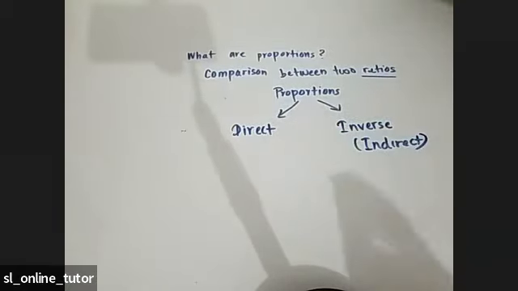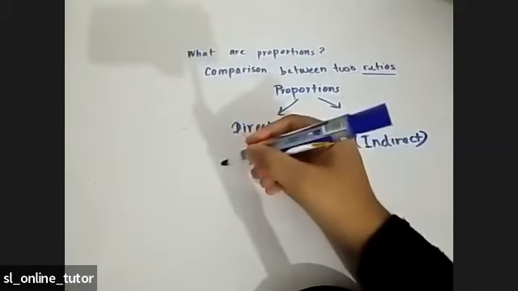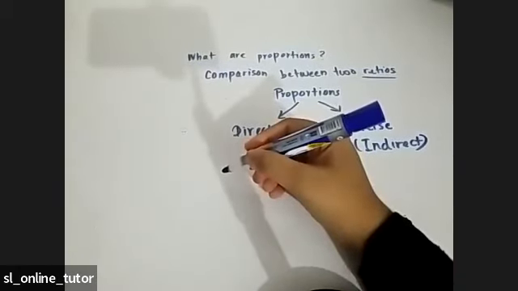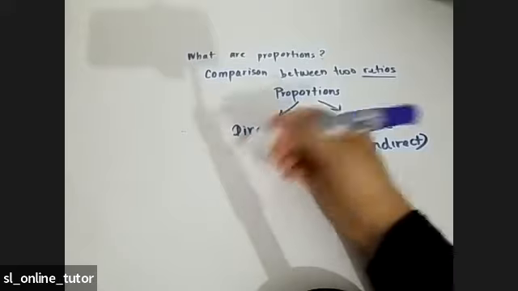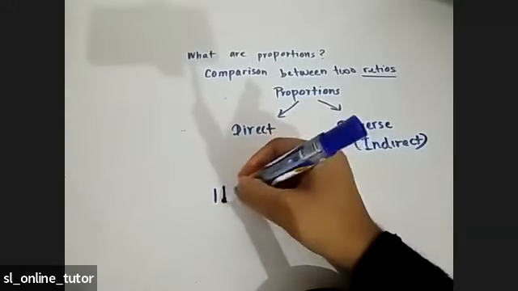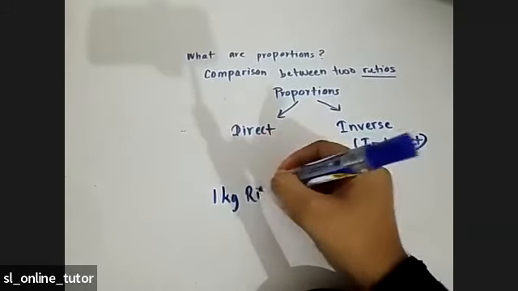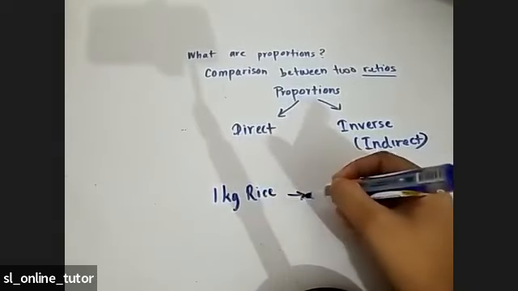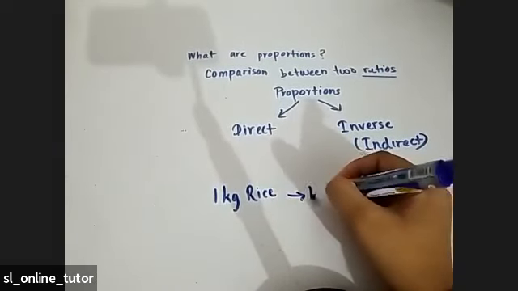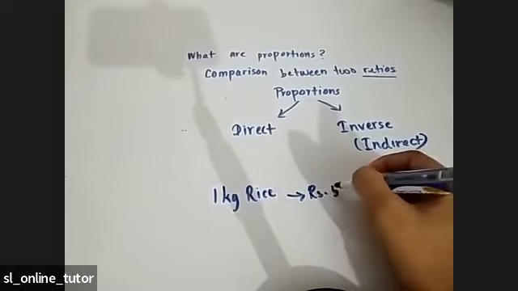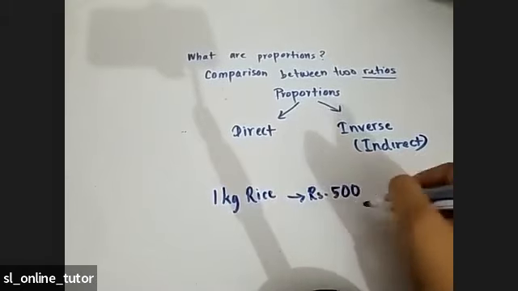For example, let's give an example. One kilogram of rice is there. Let's say it is 500 rupees.